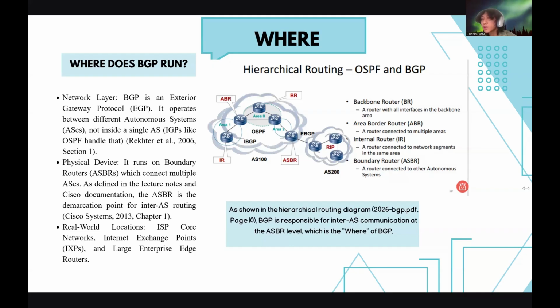It operates between different autonomous systems (AS) and not inside a single AS, which is what an IGP like OSPF handles. In the real world, you will find BGP running on ISP core networks, internet exchange points, and large enterprise edge routers. In summary, BGP lives at the edge between ASs, specifically on the ASBRs. That's all.